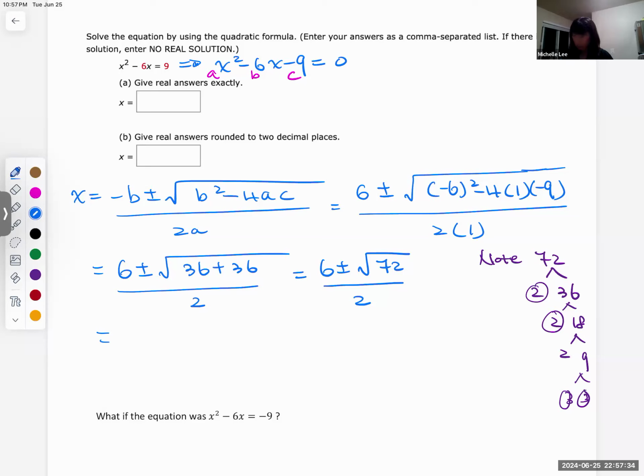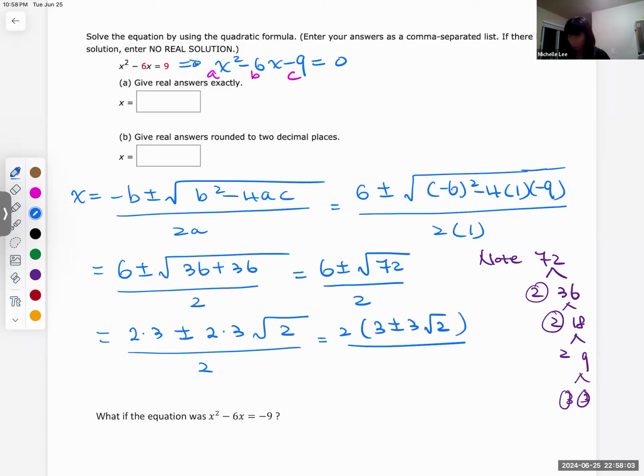Let me write it this way: 6 is 2 times 3, plus minus 2 times 3, and then the square root of 2 is inside, right? So you guys are okay with this, how to do it, right? All over 2. So we can factor out 2 because there is a common factor: 3 plus minus 3 square root of 2 over 2.